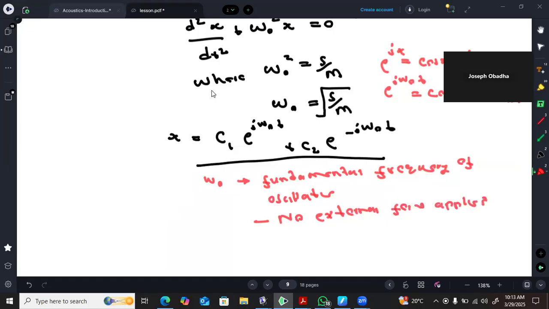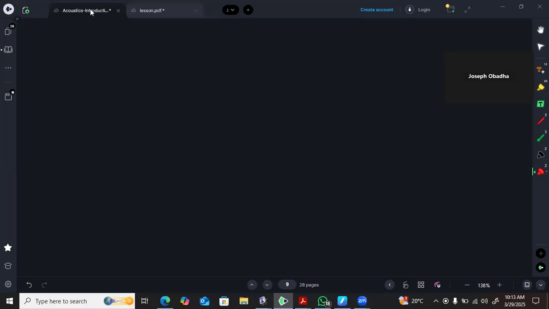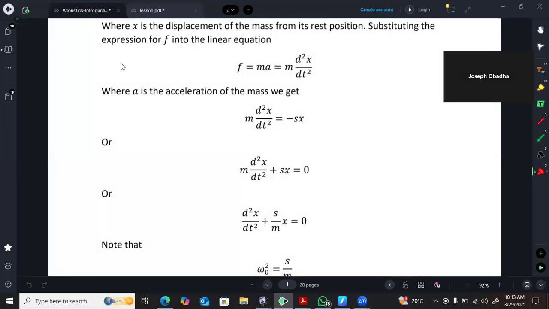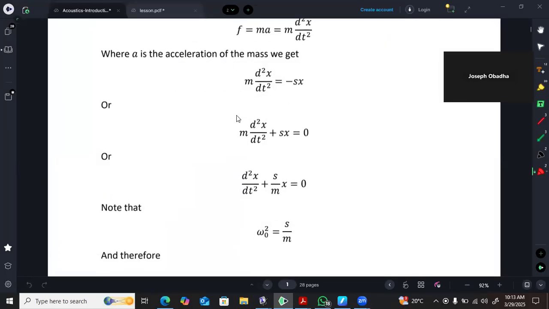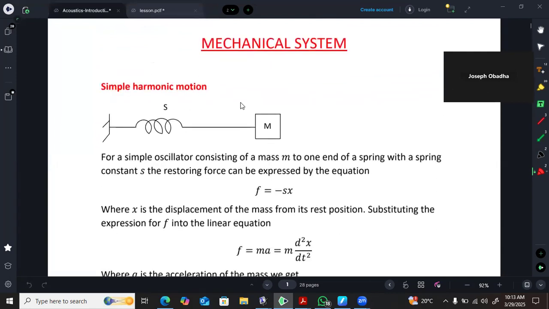The system just oscillates at that frequency. So if you look at these notes that I have, that is basically what we have discussed.